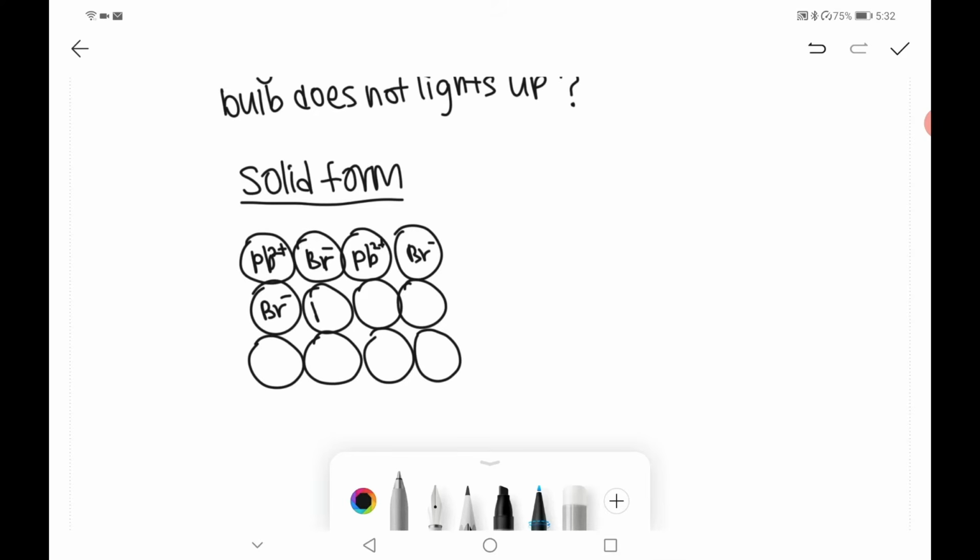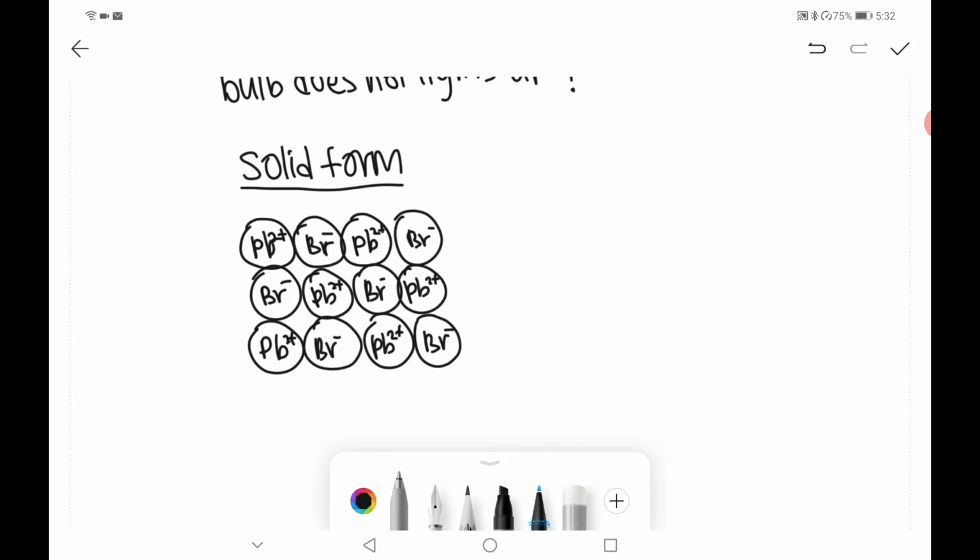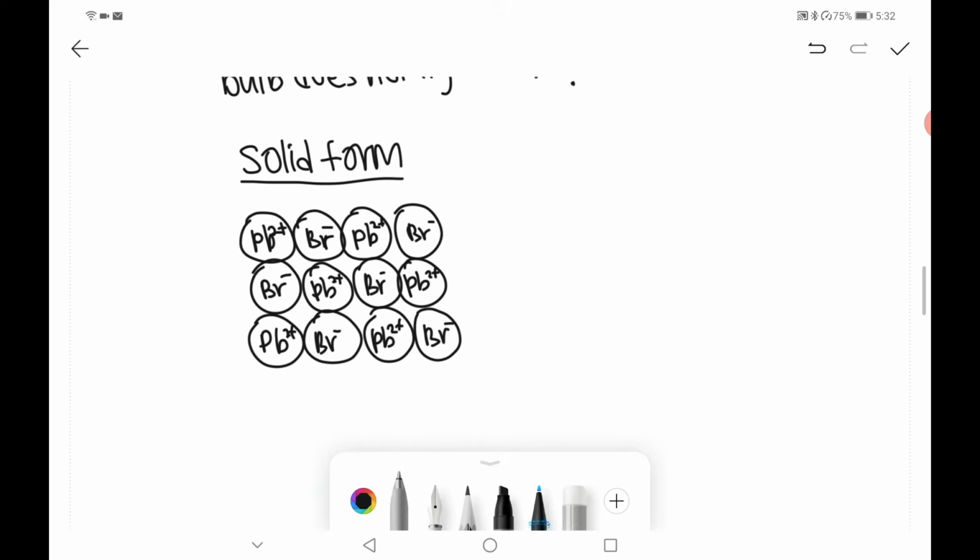So in solid form, everything is very close to each other.